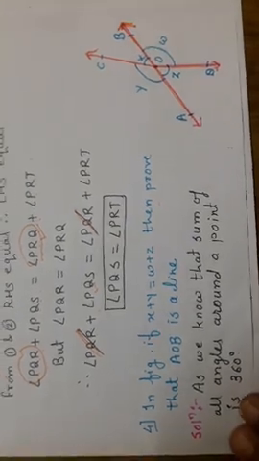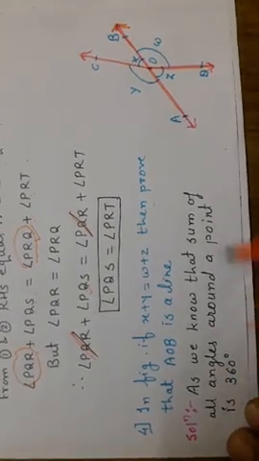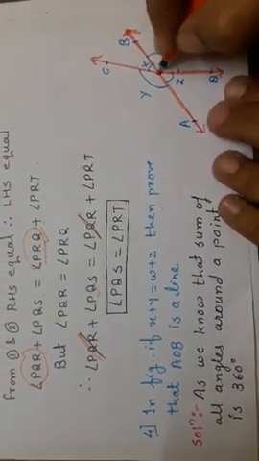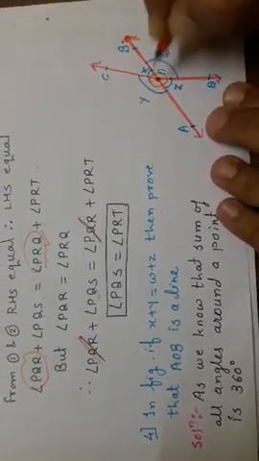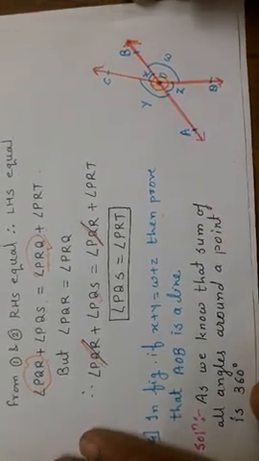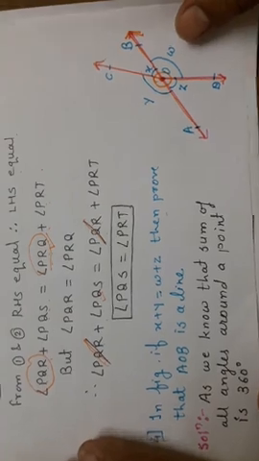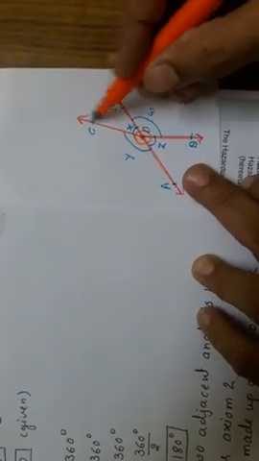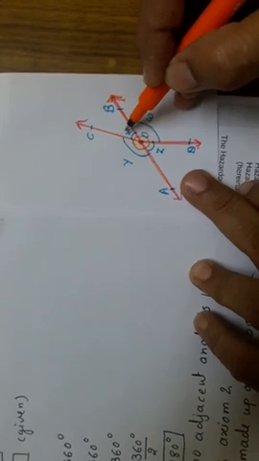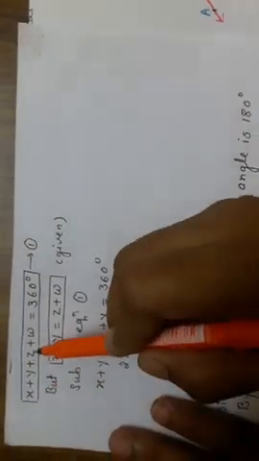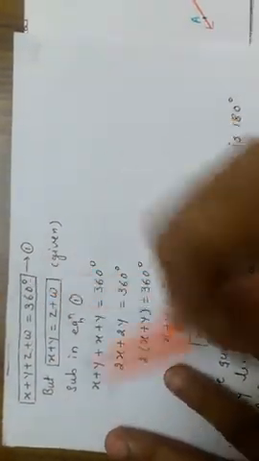So as we know, the sum of the angles around a point is 360 degrees. We know very well, around the point whatever angles are forming, their sum is 360 degrees. Therefore, in this figure we are finding four angles X, Y, Z, W. So we get x plus y plus z plus w is equal to 360 degrees.